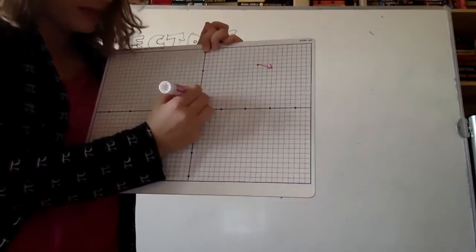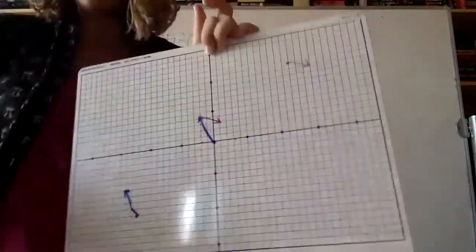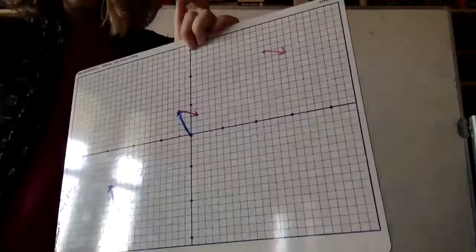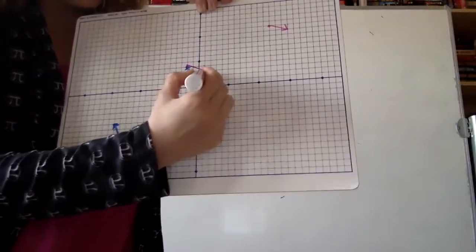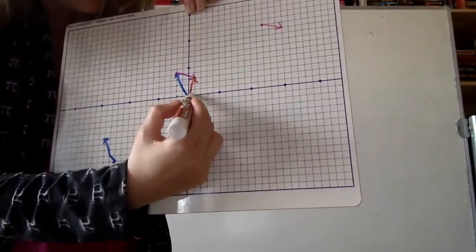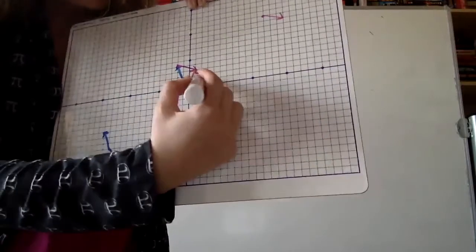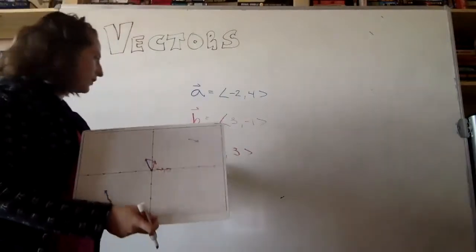So there's B. So here is our geometric interpretation of A plus B, and then the result of that, or the resultant, I can think of as going from the start of A to the end of B. And if we think about that vector, it has horizontal component 1 and vertical component 3. So it's the vector <1, 3>, which is exactly what we got algebraically.